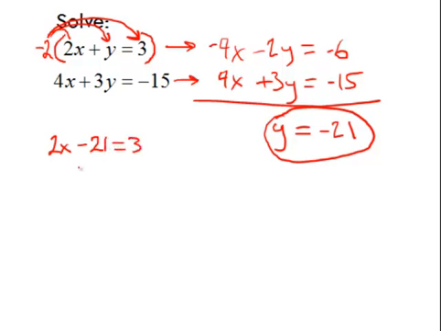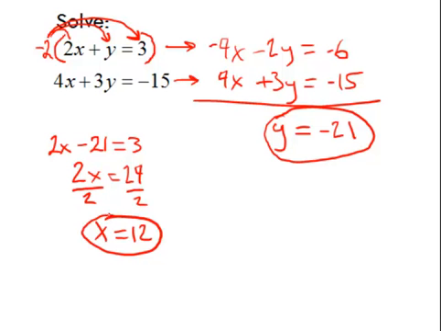A quick addition gives me 2x equals 24. And dividing both sides by 2, I get an x value of 12. So the combination of 12 and negative 21 is the combination that makes both of these equations true.